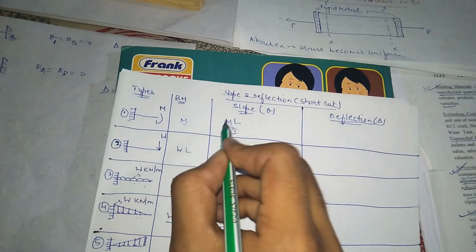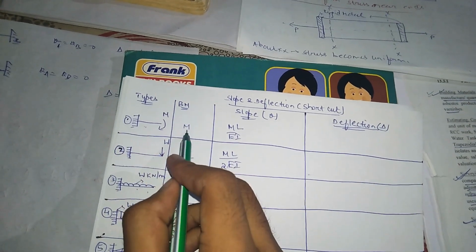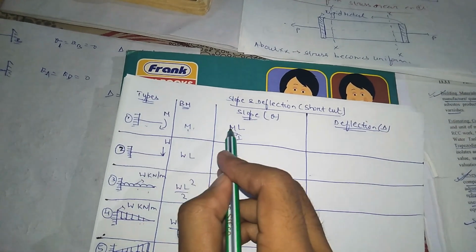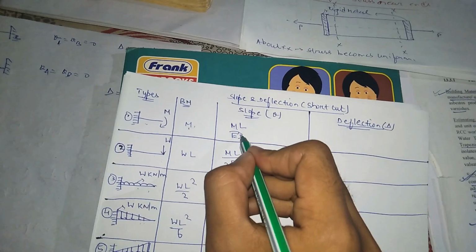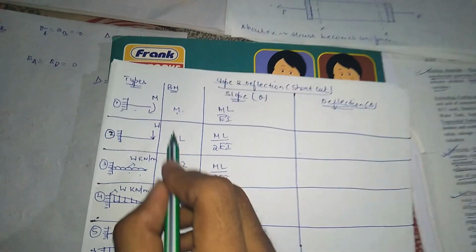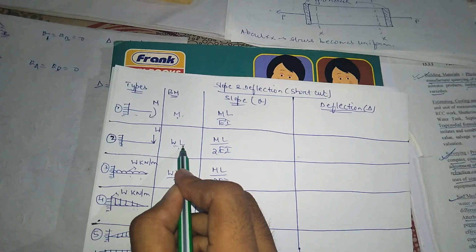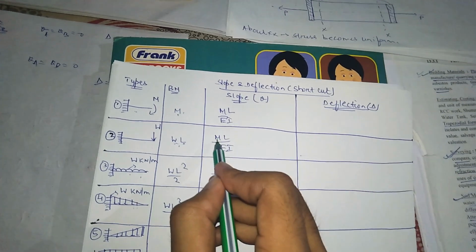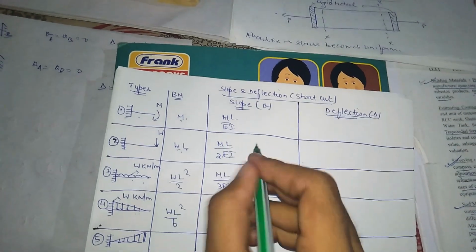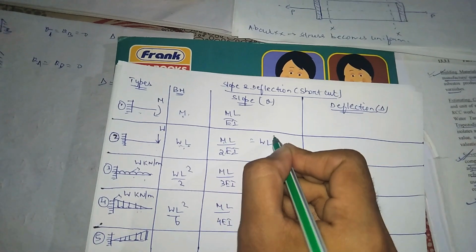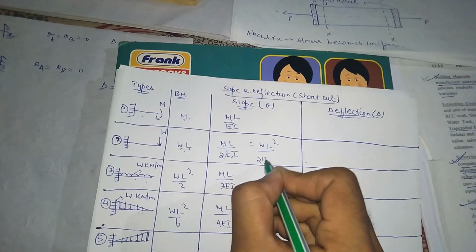Okay, so in the first case the bending moment is M, so after placing M we will get only ML by EI. But in the second case, as you see, bending moment is W into L, so after applying the value of M, W into L, we will get WL square upon 2 EI.